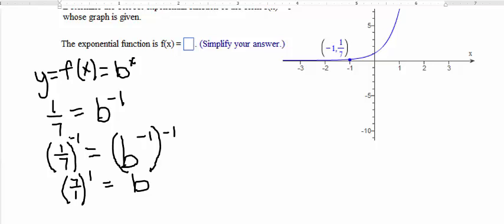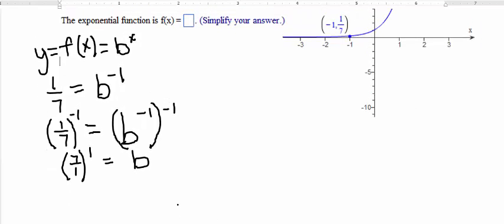So that double change keeps this expression equivalent. So notice that 7/1 is 7. To the first power is just 7. So b is 7. That's one way you could look at this.